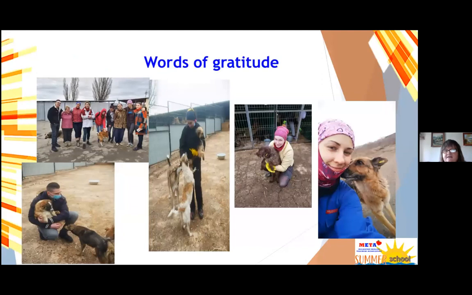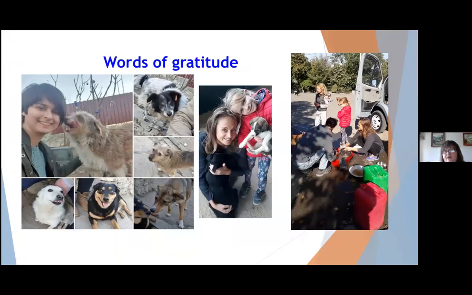These are the people who on a daily basis come to the shelters and try to do their best to save these amazing, friendly creatures. Take a look at how friendly these animals are and how grateful they are. Look at their faces, at their muzzles.